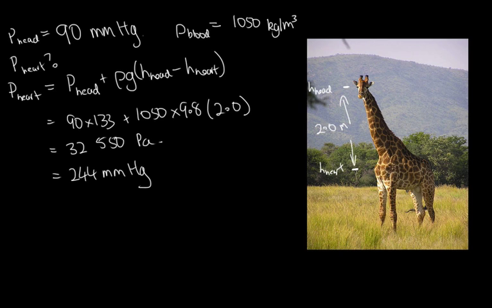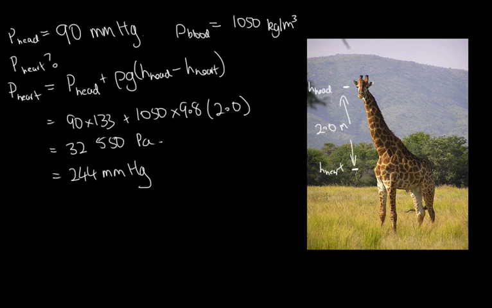So this has a lot more blood pressure in its heart. Giraffes have very large hearts and very strong blood vessels to cope with this higher pressure. The giraffe actually has some issues when it lowers its head to drink some water, because then its head is below its heart and its head is used to having pressure which is quite a lot lower than the heart's pressure. So giraffes have evolved a couple of mechanisms to cope with this.